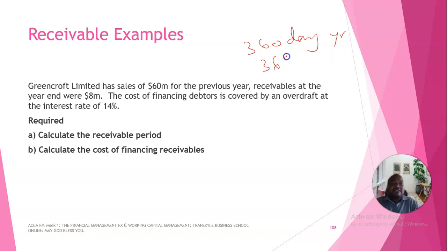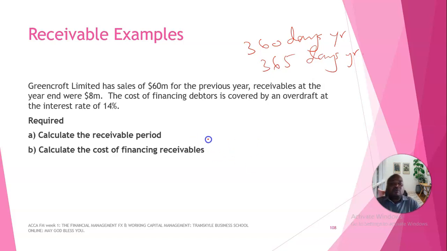Sometimes he says 365 days year. So be careful of that instruction. However, if it doesn't tell you how many days are in a particular year, then you need to play it safe and use the 365.